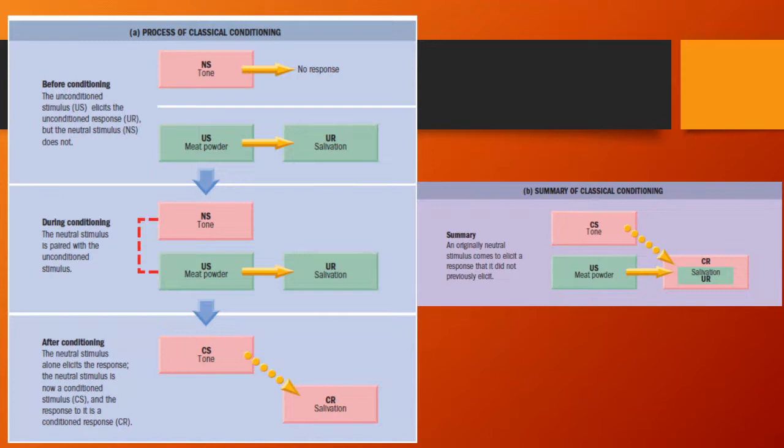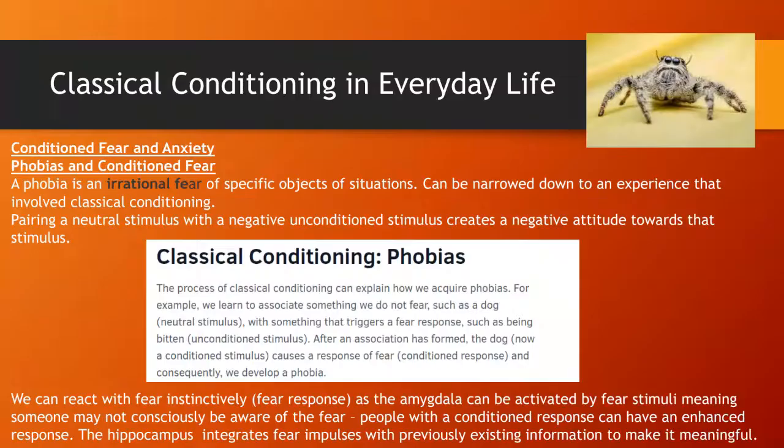So that's the summary. An originally neutral stimulus, the bell, comes to elicit a response that it didn't previously elicit. It's a very simple process, and that is what classical conditioning is, and how Pavlov used it to understand it.